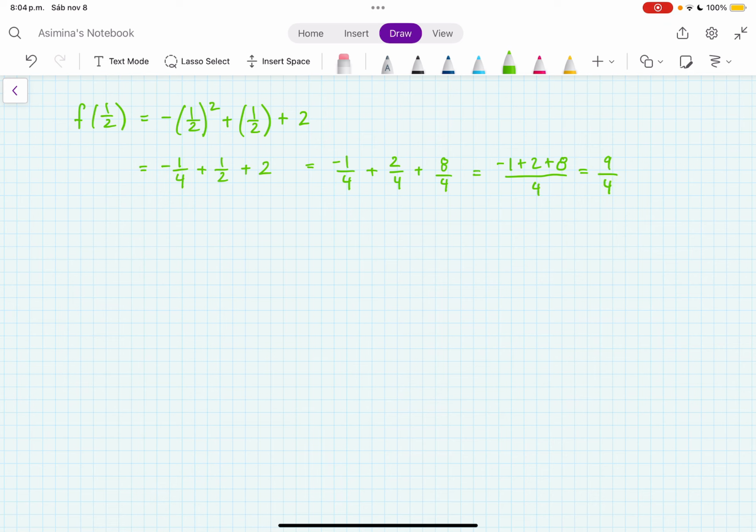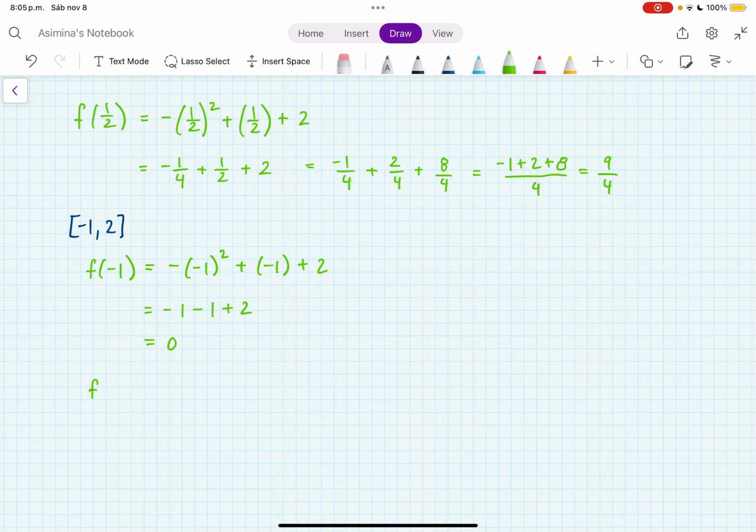Okay, now part 2 says we also need to evaluate f at the endpoints of our interval. So our interval was -1 to 2, so we need to evaluate f at -1. So that would be minus (-1) squared plus (-1) plus 2. So that is minus 1 minus 1 plus 2, which is 0.